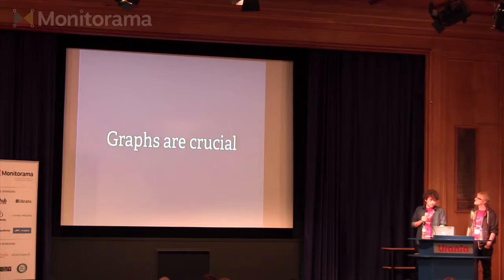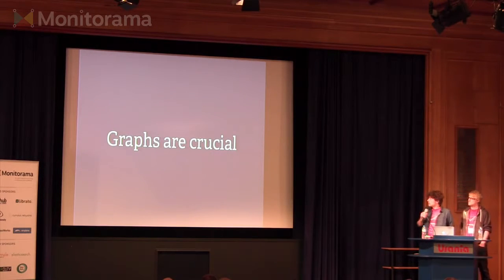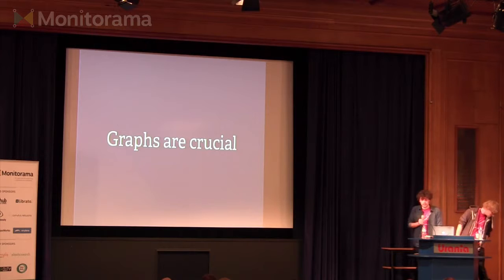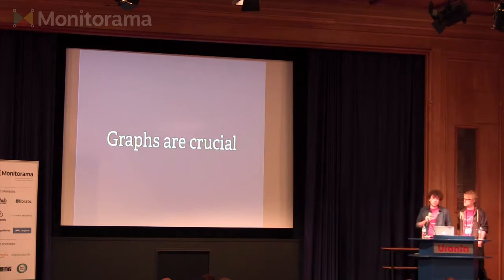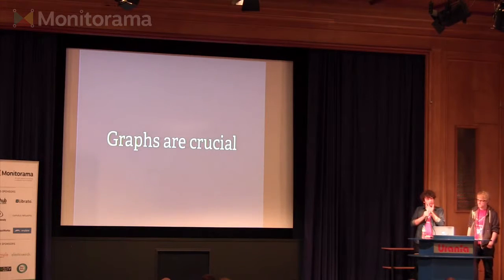First of all, graphs are crucial. There's a lot of talk today about anomaly detection and prediction algorithms, and making monitoring automated so that we rely on algorithms for it.